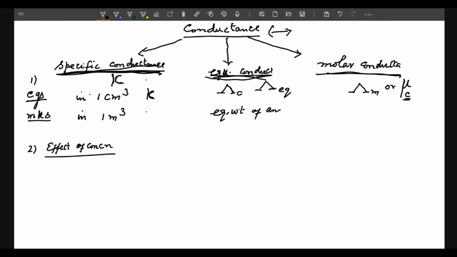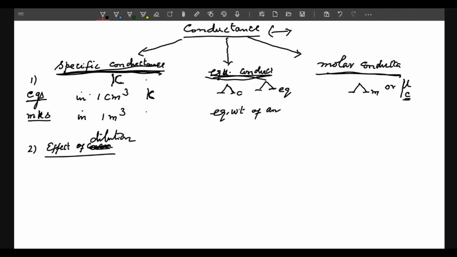This interionic attraction, in another way, depends upon the concentration of the solution. Higher the concentration, higher would be the number of ions present in 1 cc of the solution. Therefore, interionic attraction would be high. Therefore, what is the effect of dilution? Instead of concentration, take it to be dilution.